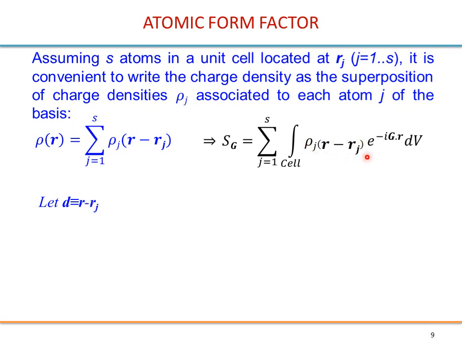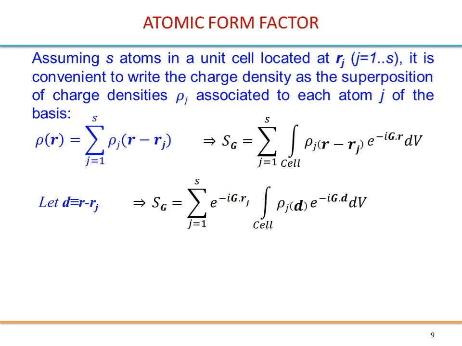So in that case we have d here, right, and here we have r, so r equal d plus R_j, so we keep the d here, which is in fact in V. Okay, and the R_j will be taken out of the integration because it is a constant.